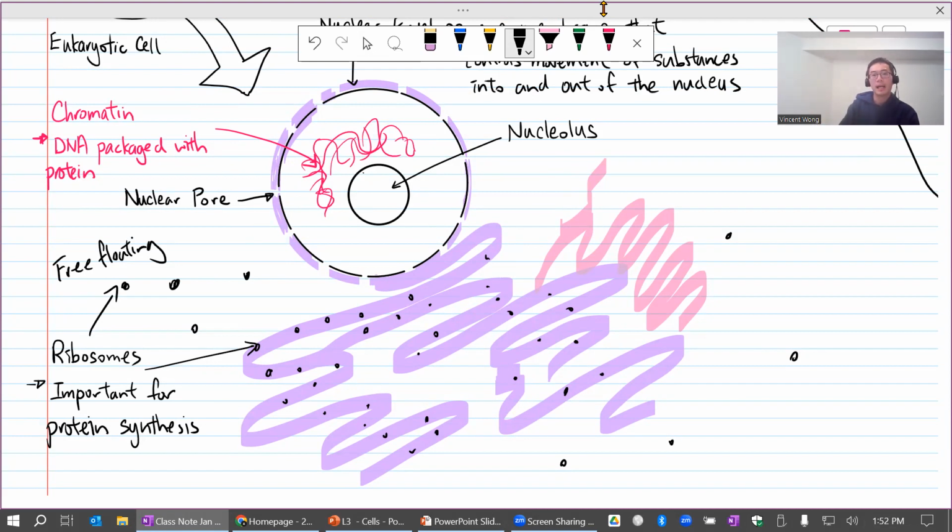Okay. Tunnels, yeah. And then further out, you also have more tunnels, which is also an extension of this network. The difference between the purple and the pink is that the purple have these ribosomes on them to help them make proteins. Thank you. But not the pink. Okay?